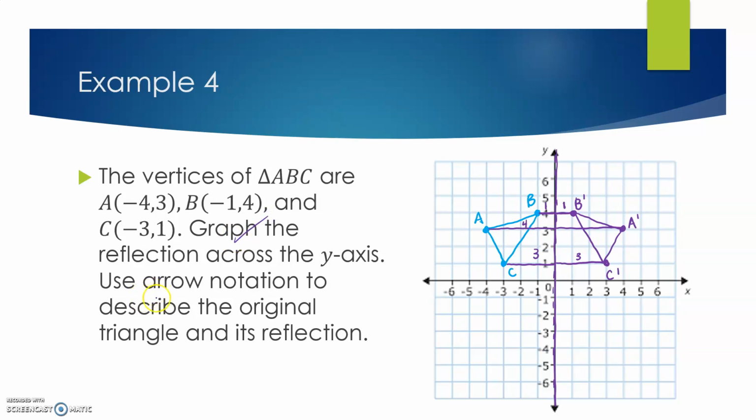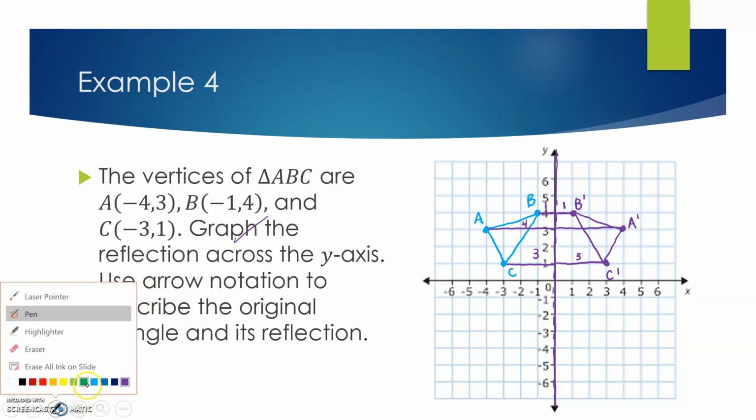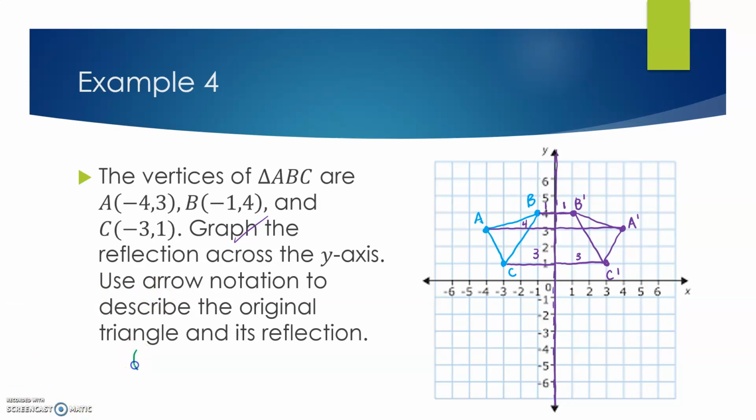But then it says to use arrow notation. Just like yesterday, with arrow notation we start with (x, y), because A, B, and C started off as ordered pairs (x, y). Now we need to look at what the rule is. What happened to get from B at (-1, 4) to B prime?